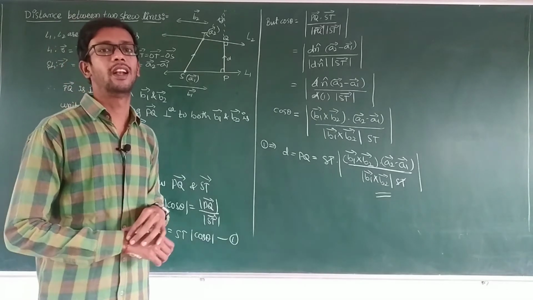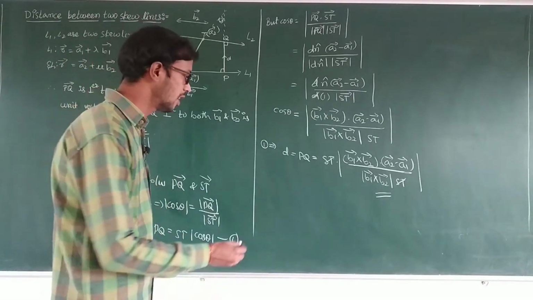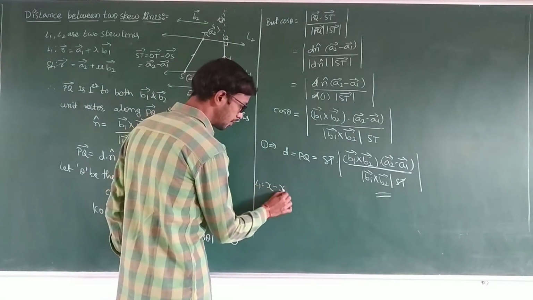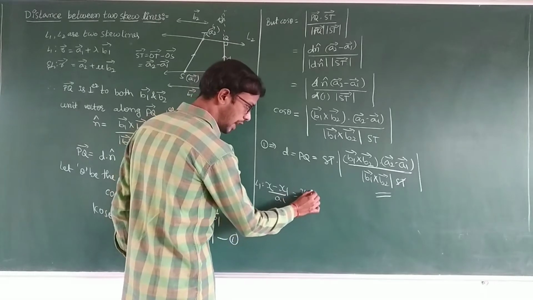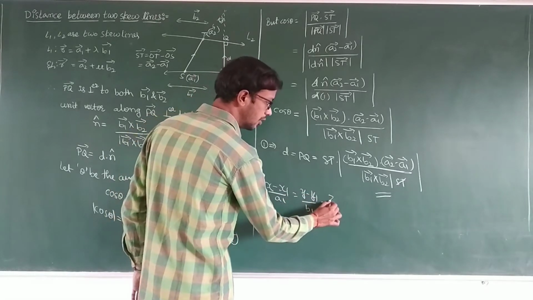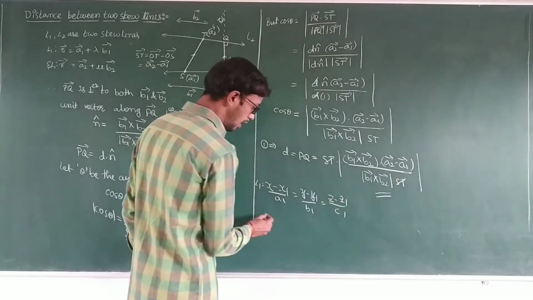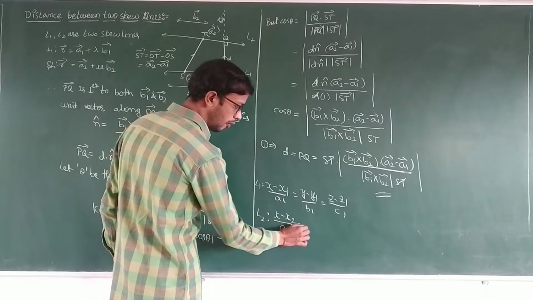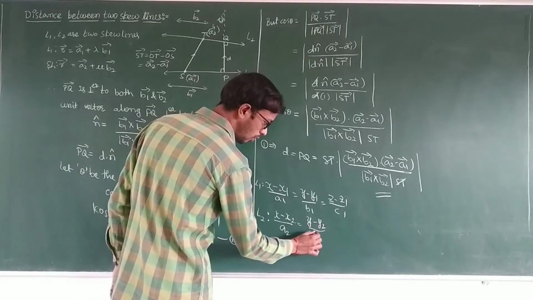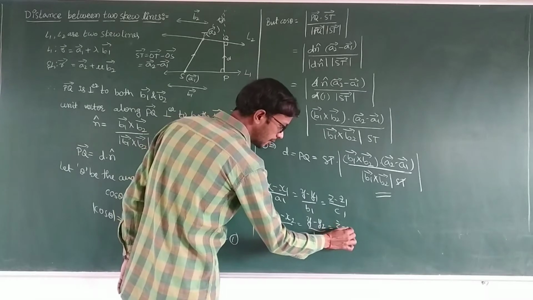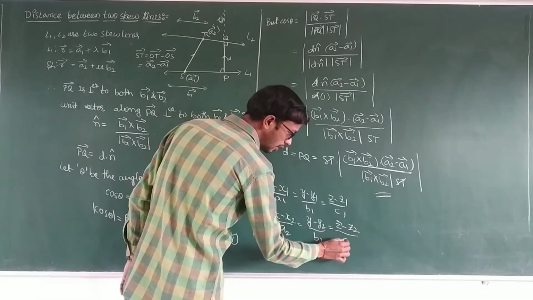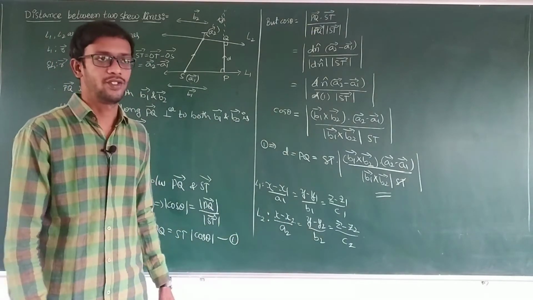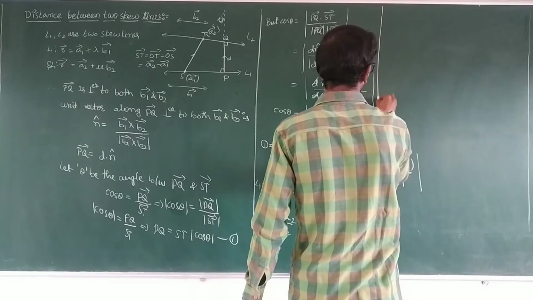If the skew lines are in Cartesian form, what is the Cartesian form equation? L1 is x minus x1 by a1, y minus y1 by b1, z minus z1 by c1, and L2 is x minus x2 by a2, y minus y2 by b2, z minus z2 by c2. Like this the equations are given. That time, how to find the shortest distance between the two lines?